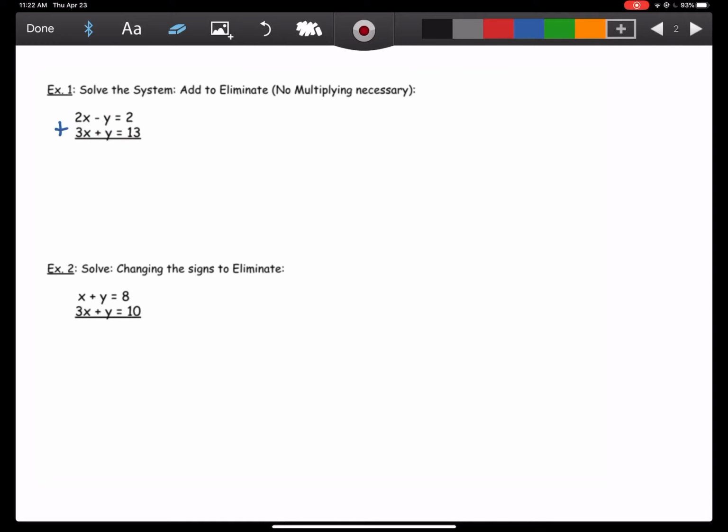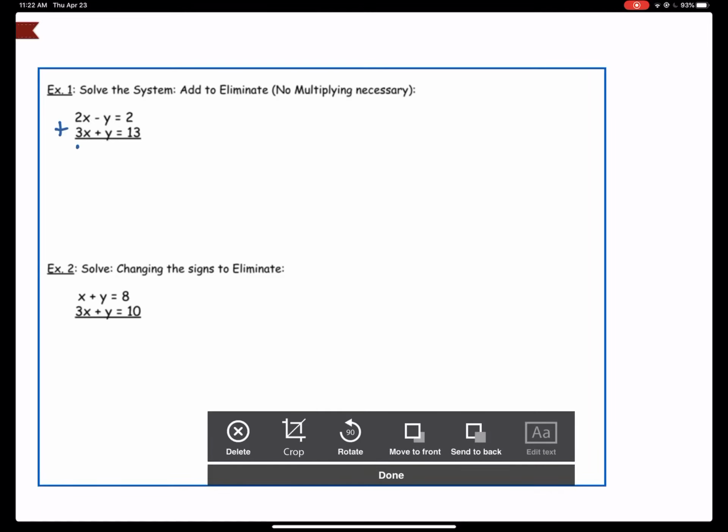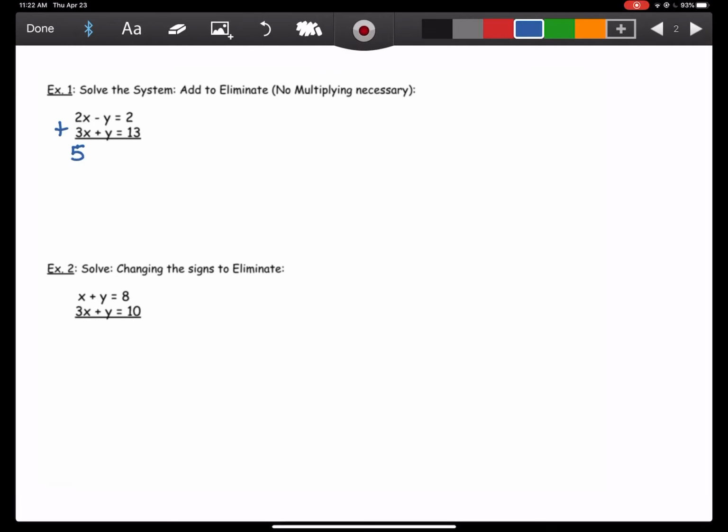So 2x plus 3x makes 5x. Negative y and positive y make 0. So I could write a 0 here, but that's going to look weird next to the 5x. We're going to leave that out. We're actually going to come up here and just cross out the negative y and the positive y because they eliminate, okay?